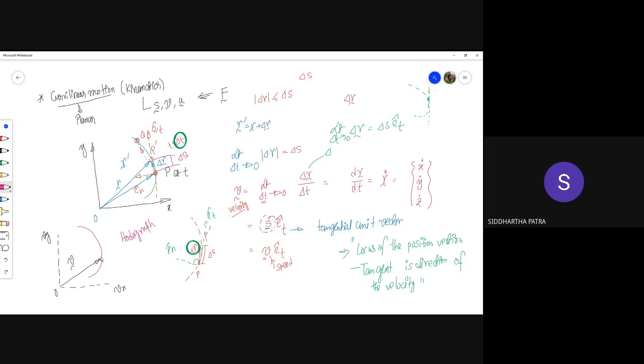And can you tell me, let's say this time I'm calling this point P hat. If I take a tangent to this curve, which is the hodograph, whose direction is it going to represent?